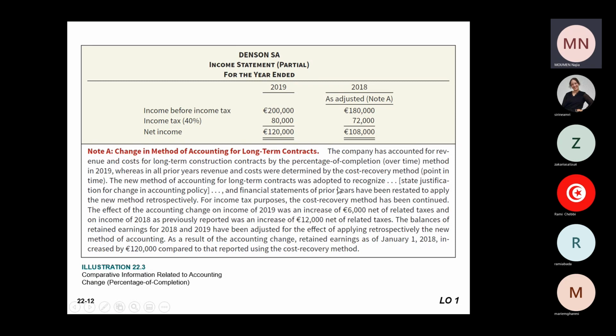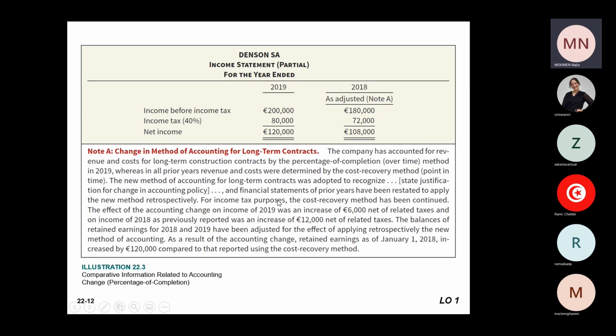And you may also tell that you already applied the retrospective approach. So you are saying here that the financial statements of the prior years have been restated. So we adjusted here to apply the new method retrospectively. So you are saying explicitly that you are using the retrospective approach.